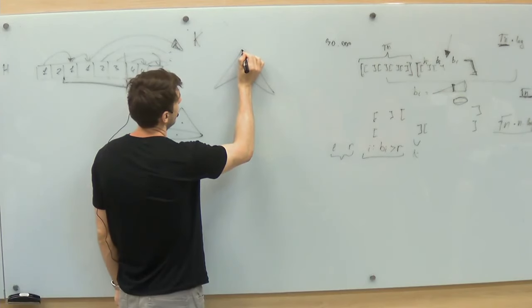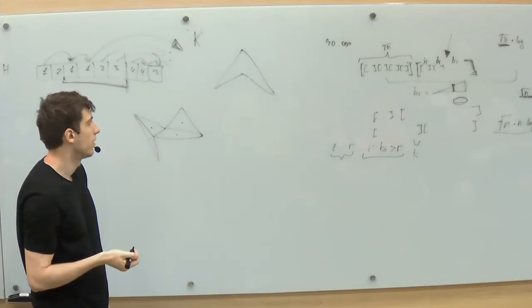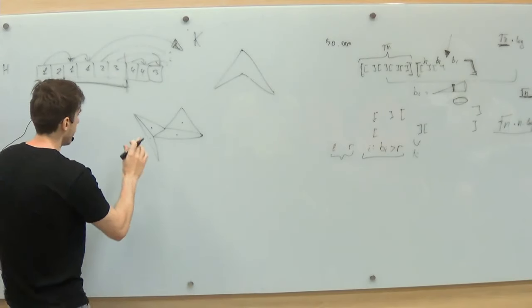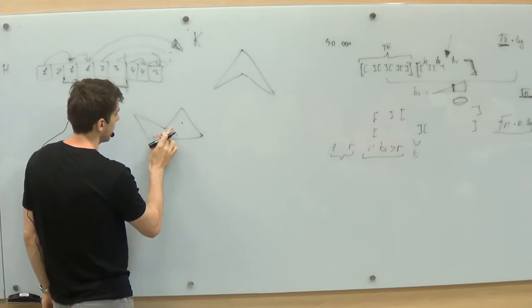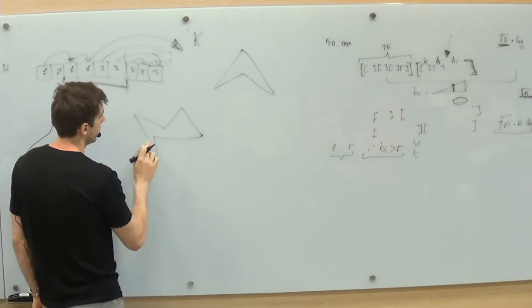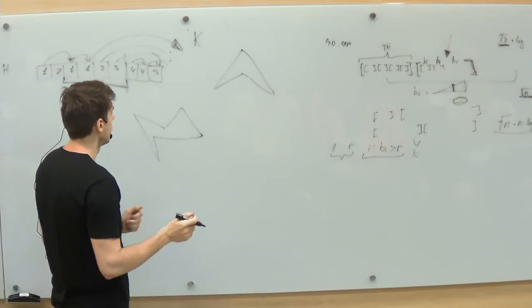You can prove that there is always a triangle which you can cut out of the polygon. What does it mean that you can cut it out?